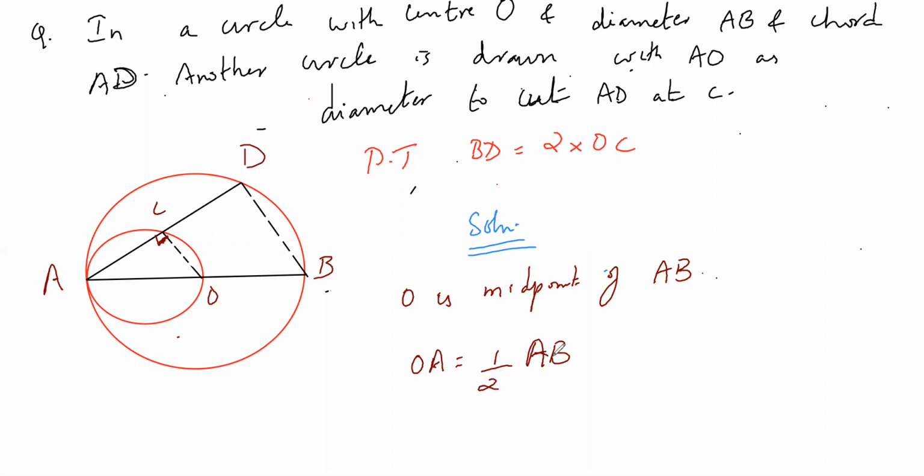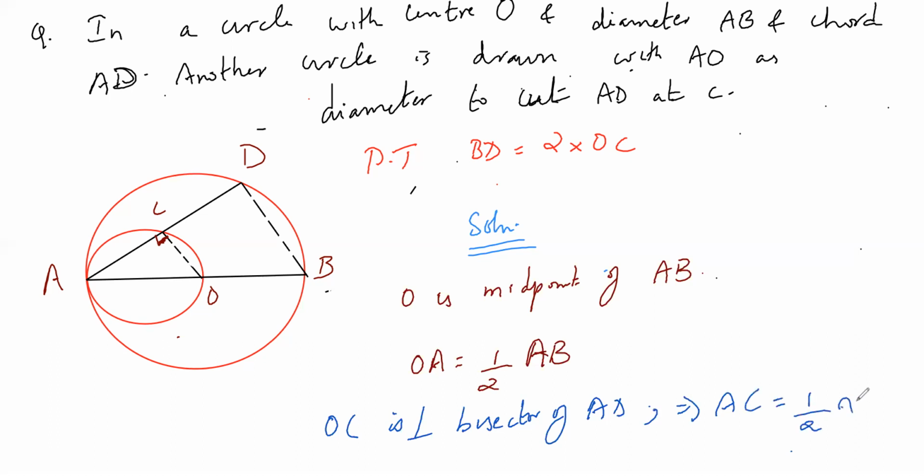Similarly, OC is the perpendicular bisector of AD, which means AC is equal to half AD. Fine.